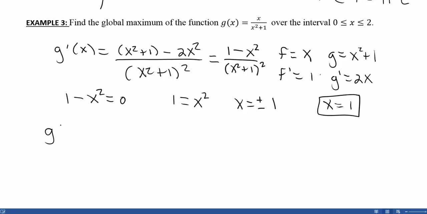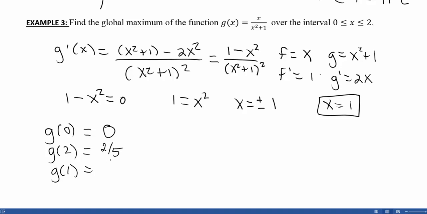So again, we're now going to test the endpoints and the critical points. So g of 0, g of 2, and g of 1. We're going to plug each of those values back into the original function. So if you plug in a 0, you get 0 divided by 1, which is 0. If you plug in a 2, you get 2 over 5, so 2/5.